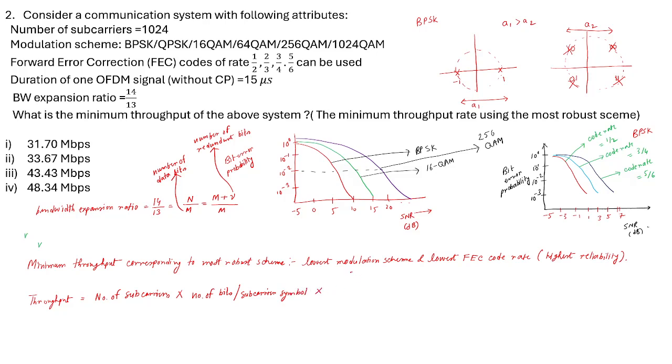Since the throughput is calculated in bits per second, you must divide that with the duration of one OFDM symbol, and that is without cyclic prefix. And we need to multiply with the inverse of bandwidth expansion ratio.